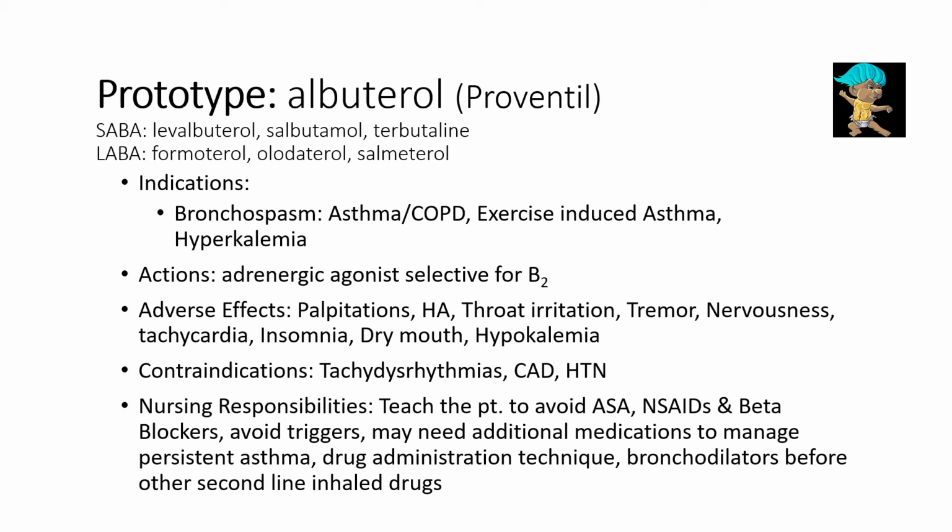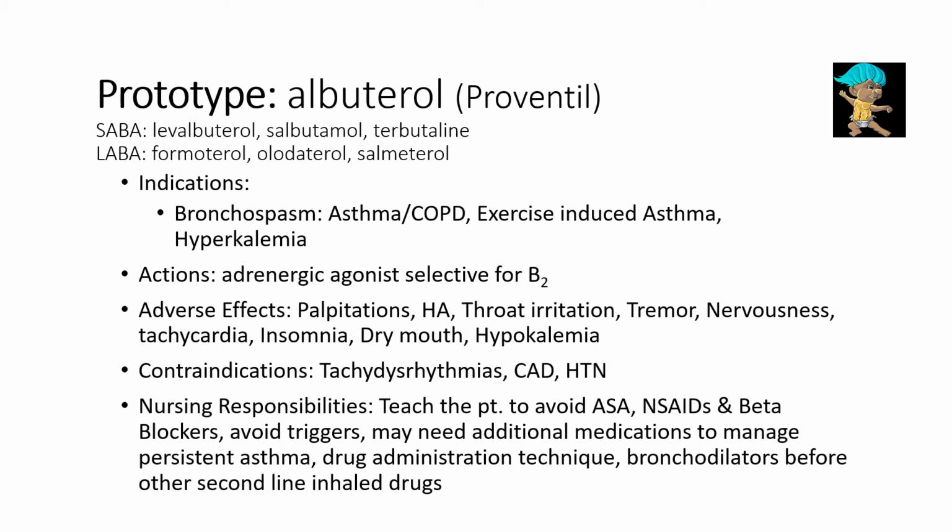We also use it in protocolized treatments for hyperkalemia, and you'll learn about that in pathophysiology, how albuterol, when given by mask, can lower serum potassium. Okay. So adverse effects, well, they're very predictable if it's a sympathomimetic.